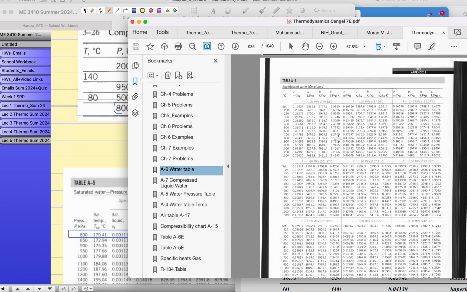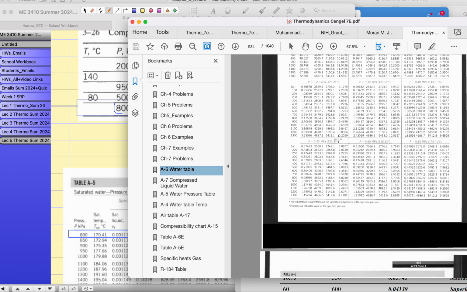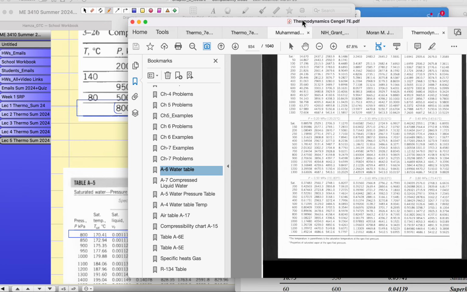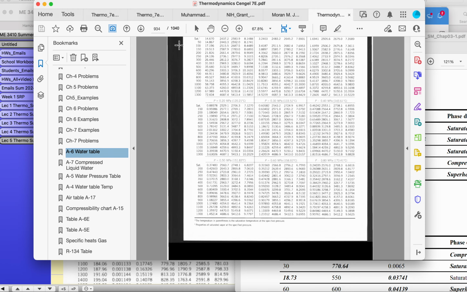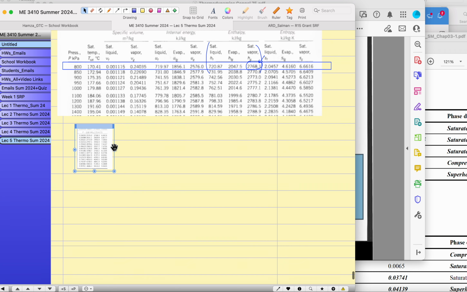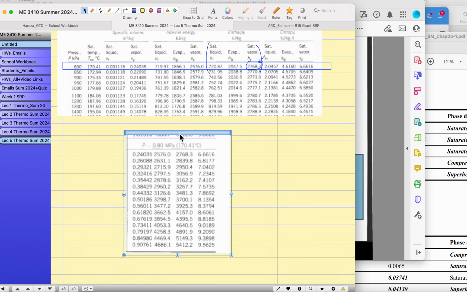I'm going to show you the 0.8. So this is 0.8 megapascal, which is equal to 800 kilopascals.